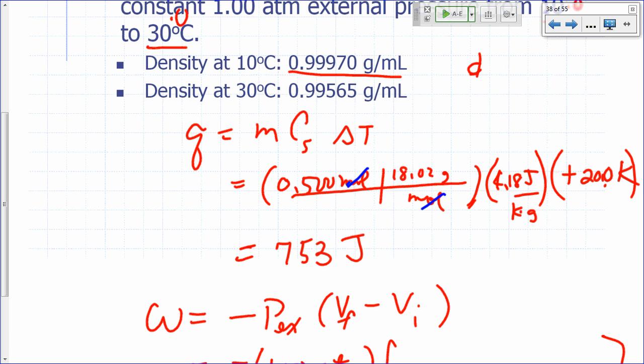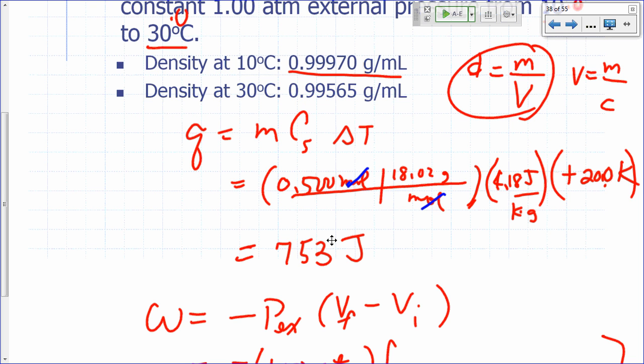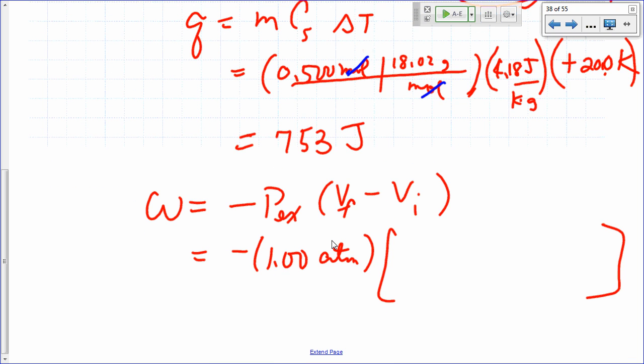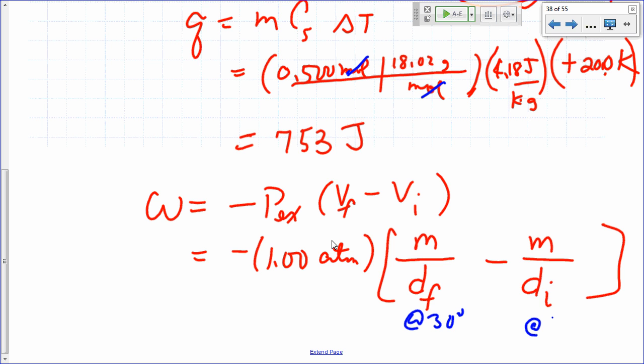Density is mass over volume, right? So volume is mass over density, right? So volume final is the mass of the water divided by the final density, minus the initial volume, which is the mass divided by the initial density. What's the final density? That's the density at 30 degrees, right? The initial density is the density at 10 degrees Celsius.